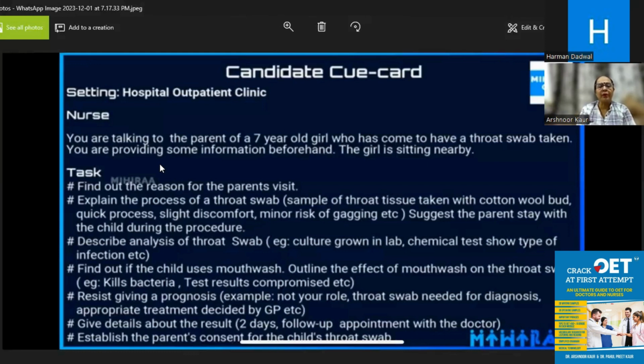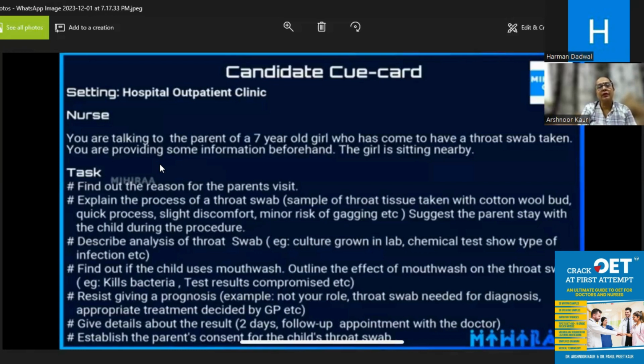But before I could help you, I would like to ask you a few questions. If you're comfortable, may I ask? Then you may ask that, what is the reason for throat swab test? The mother may tell that she has been suffering from chronic cough, or she has pain in her throat. It might be any reason. Then it will be patient's questions, because she wants to gather some important information from you. And in that case, she may ask, what's the reason for this throat swab test?